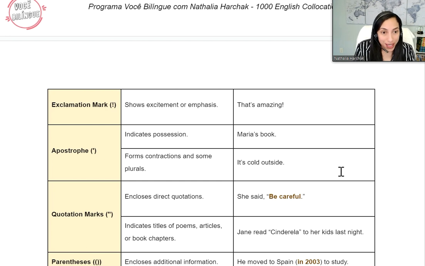Some people get super excited when they're writing and they use lots and lots of question marks and exclamation marks. This is not good for your writing, okay? If you're writing an academic paper or something formal, please don't ever do that. Only use one question mark or one exclamation mark.